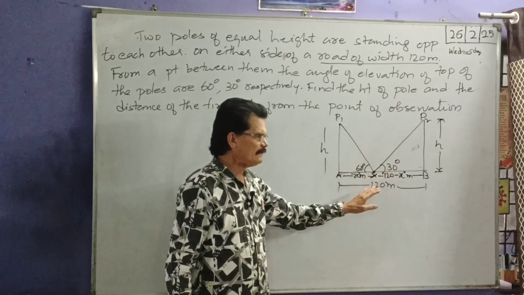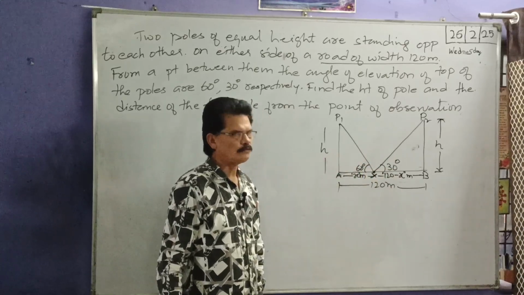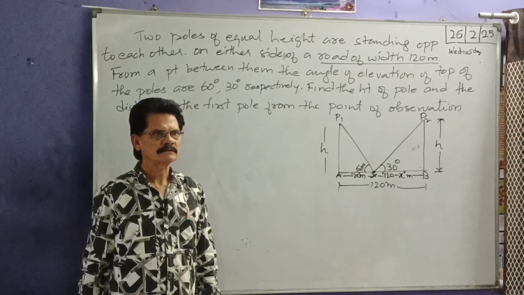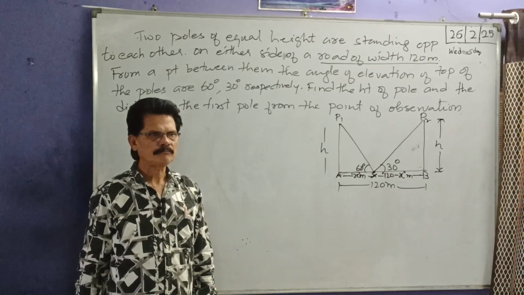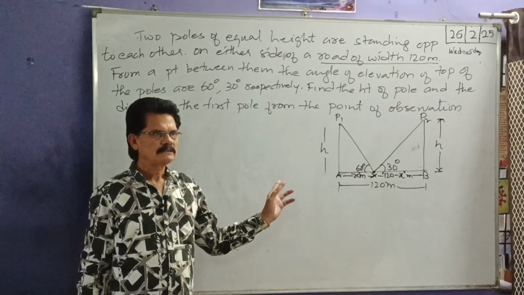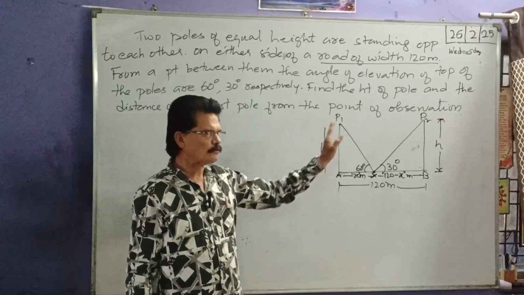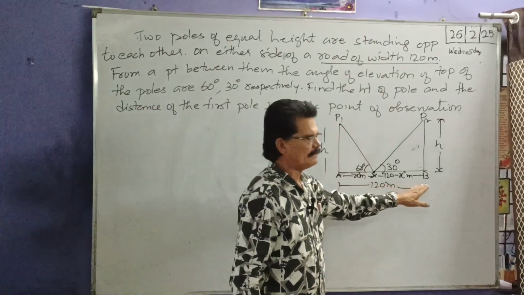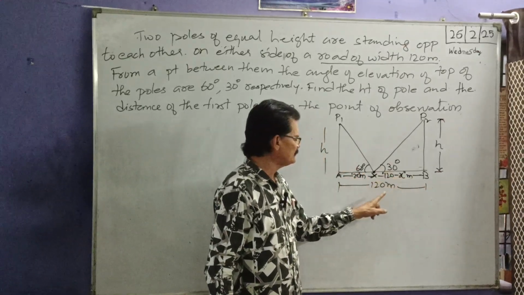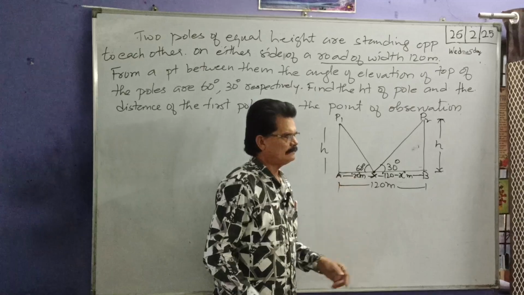The other part would be 120 minus x. To get the second part, we have to subtract the first part from the total. What is the total distance? 120. What is one part? x. So the second part is 120 minus x.